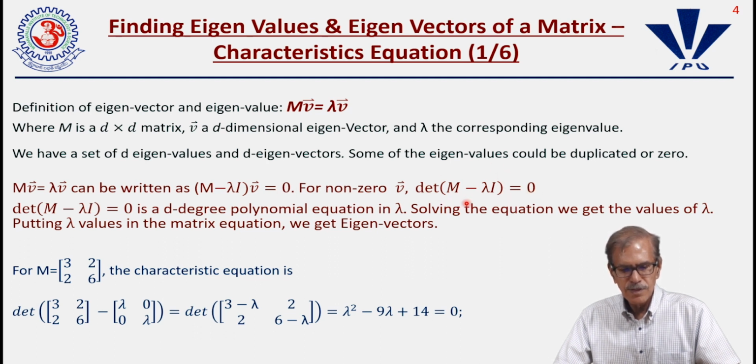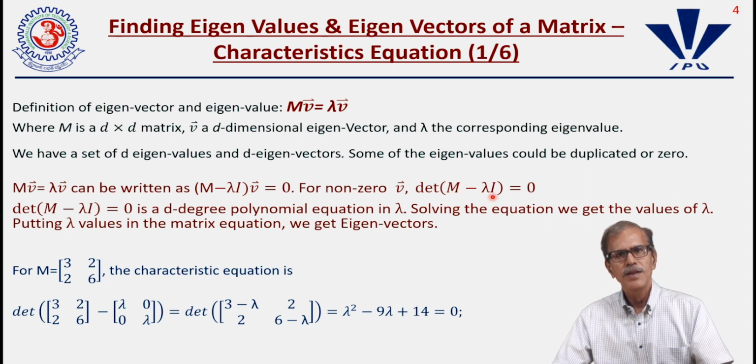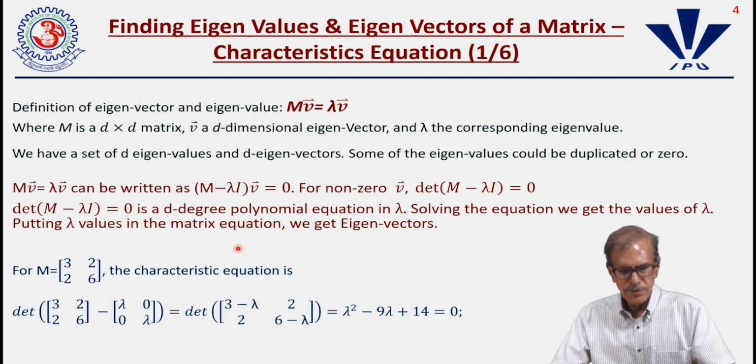So this is a polynomial equation. Because we know M and I, from the polynomial equation we can find the value of lambda, that is, the eigenvalues.